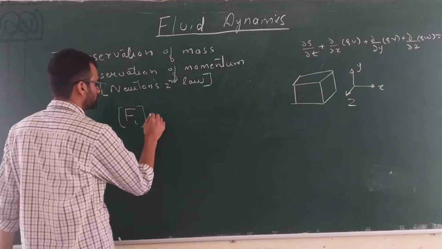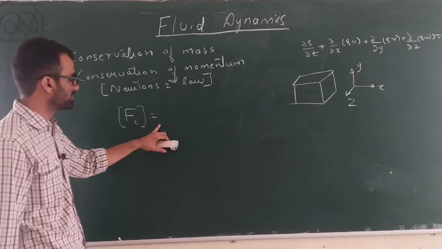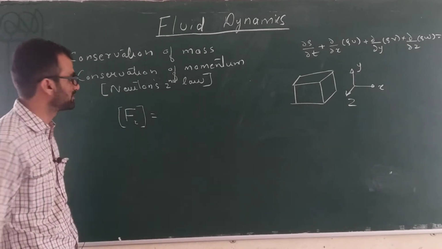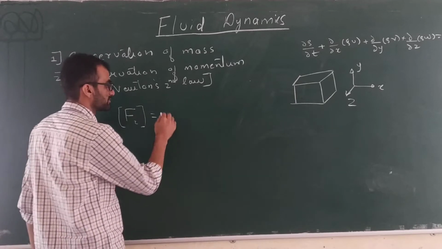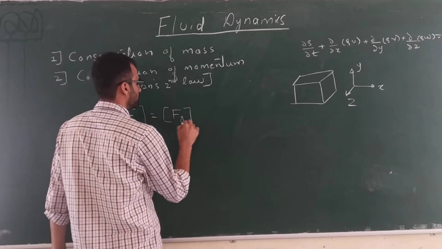It will be equal to the sum of all the forces. Firstly we have to see what are the different forces acting on this fluid element in the x direction. So one force is the gravity force Fg.